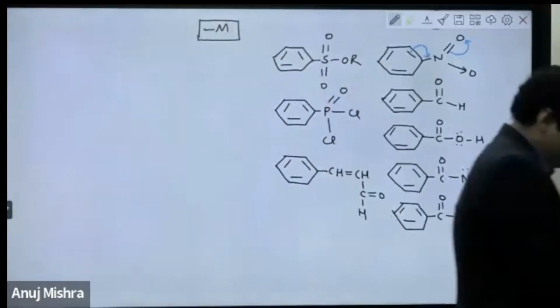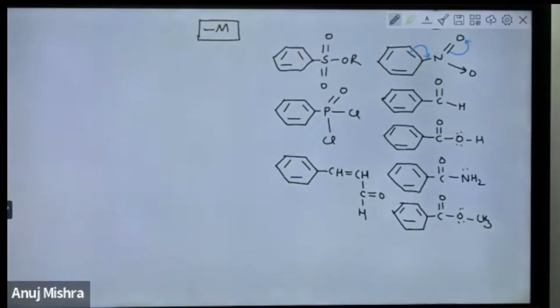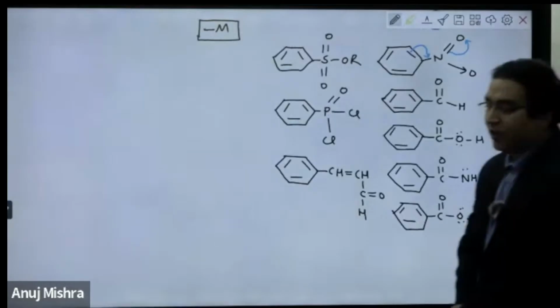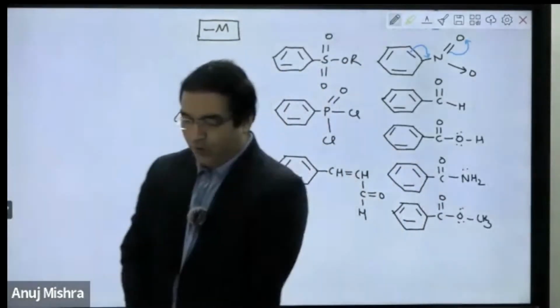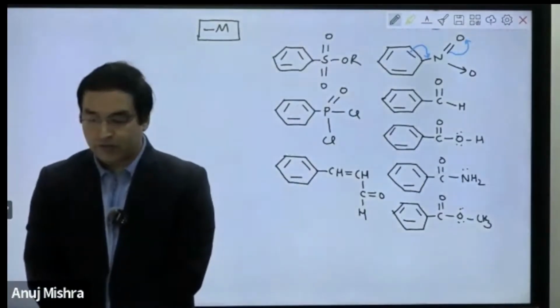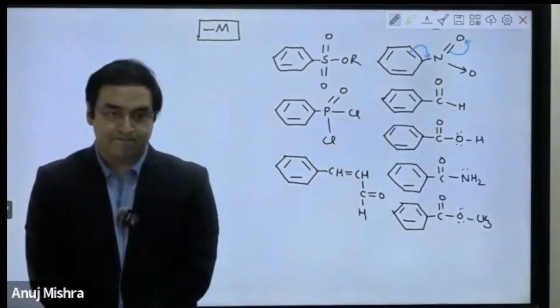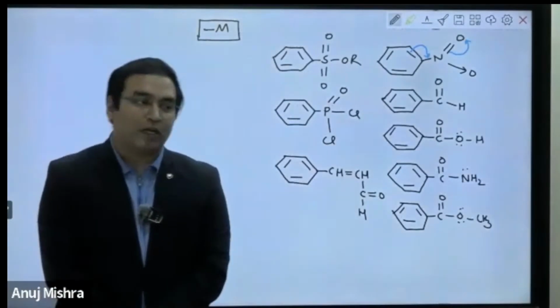Please note down all the examples. What is your observation in all the cases? What is the common thing that you observe in all the cases? Yes, E1, E2 multiple bonds.